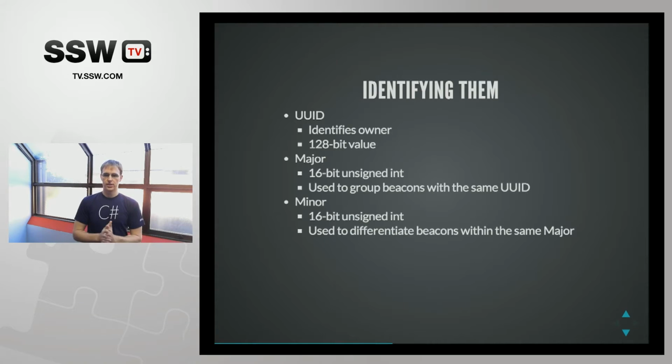So into the tech side of it, each beacon is identified by 3 major components that you set up on the beacon prior to installing it wherever you're going to install it. The first one is there's a unique identifier, which is meant to identify who owns the beacons. So McDonald's would generate their own unique identifier and embed it into the app.